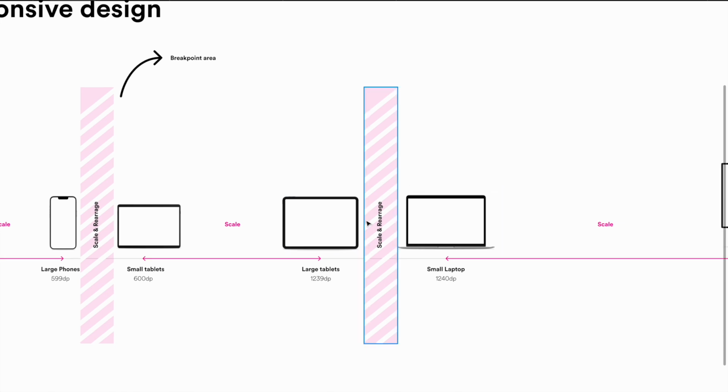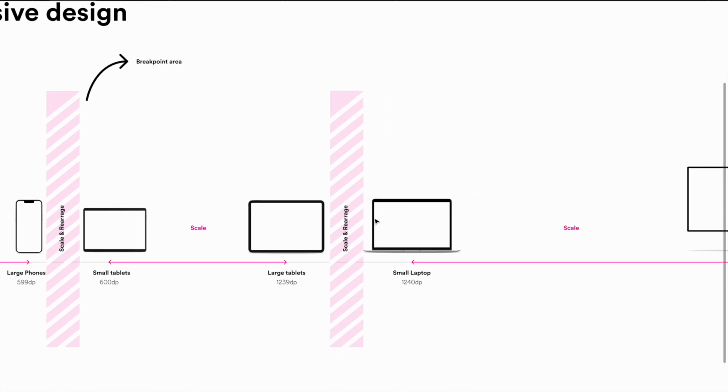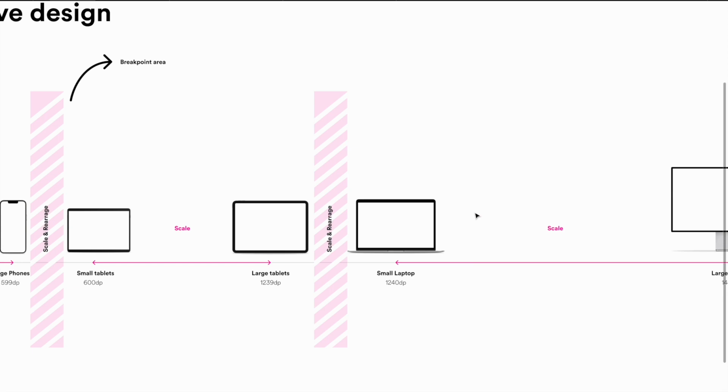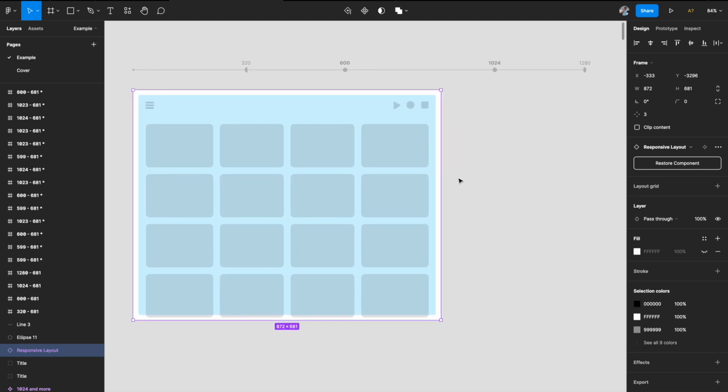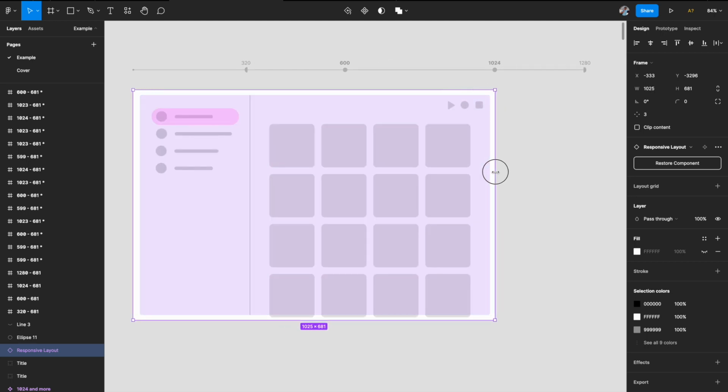Rearranging will happen at this breakpoint, and you will enter a laptop regime. If I show you again in this example, you are in tablet, and as soon as you go into desktop territory, you'll see additional components appearing and additional design changes happening. So this is how things work.